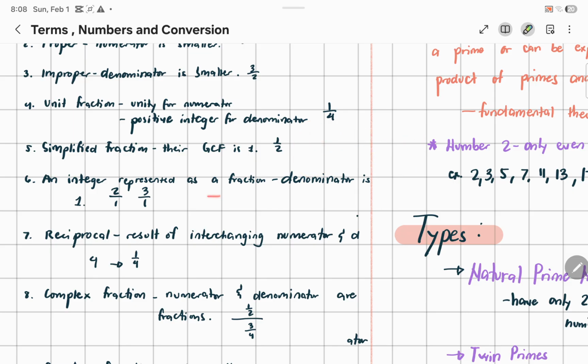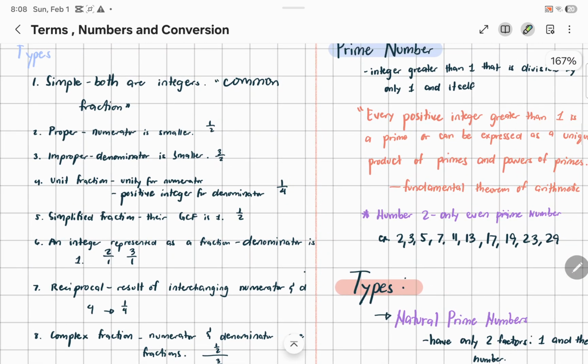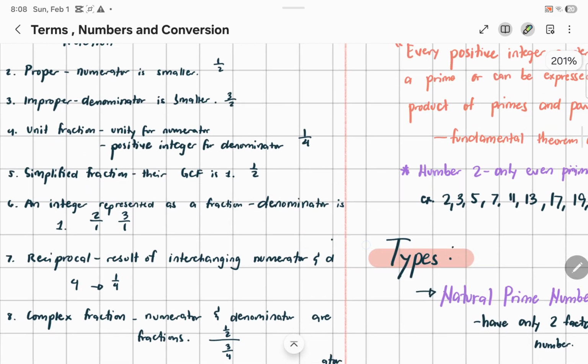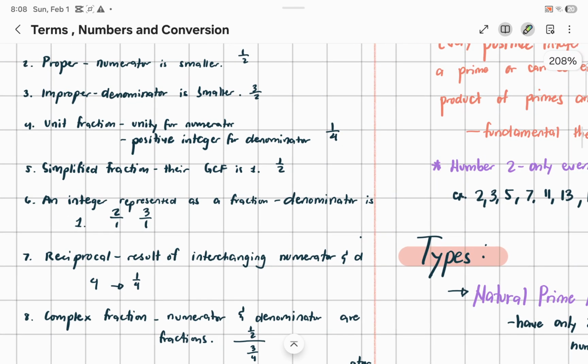Next, an integer represented as a fraction. The whole thing is also a type of fraction. Obviously, the denominator is 1. Remember that all of the numbers, like the counting numbers and integers, commonly have a denominator of 1, but it is just not often written.